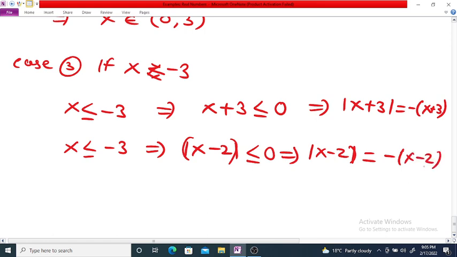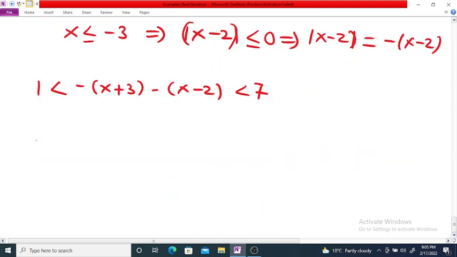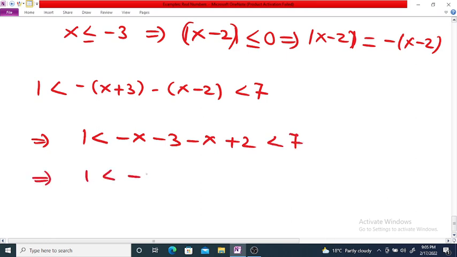So if we substitute this value, then 1 < minus of x plus 3 minus of x minus 2 < 7. So this implies 1 < minus x minus 3 minus x plus 2 < 7. So this implies 1 < minus twice x minus 3 plus 2, which is minus 1, < 7.